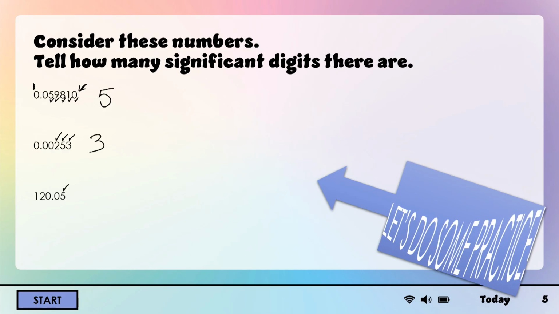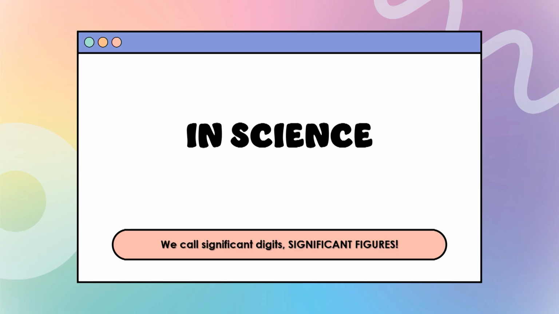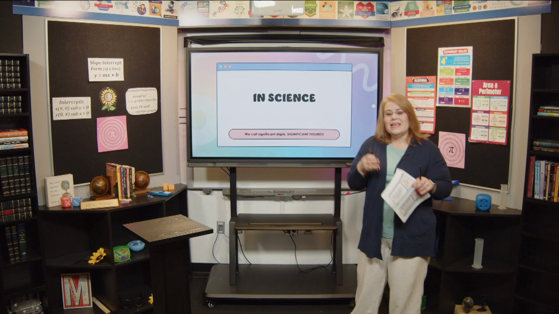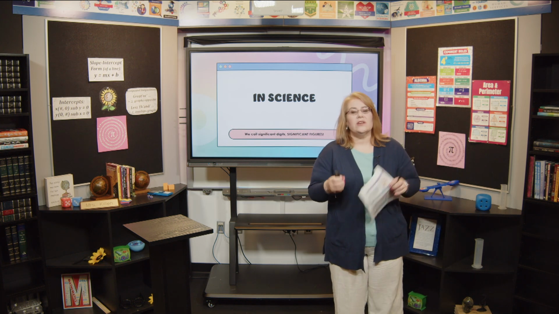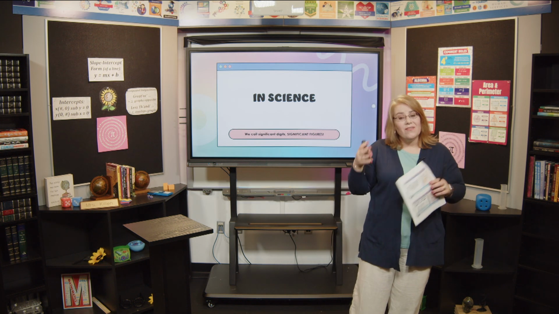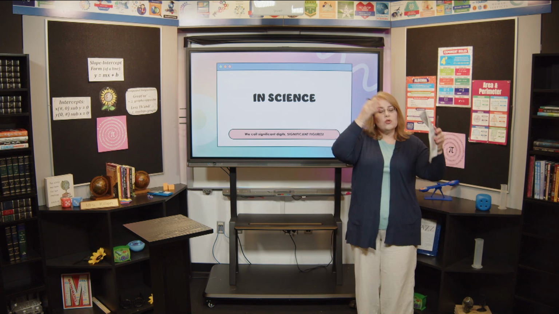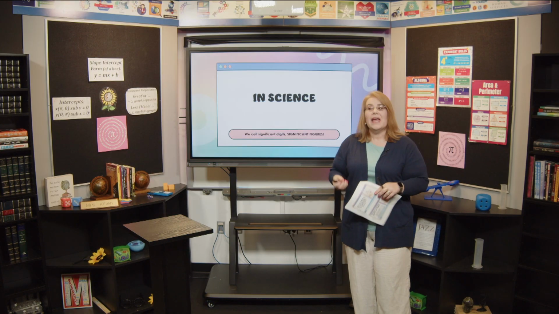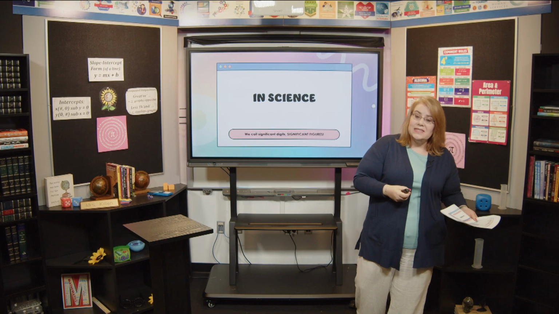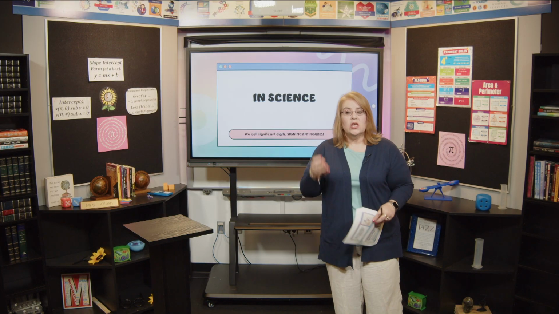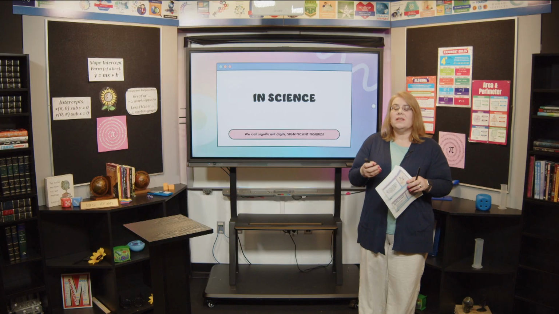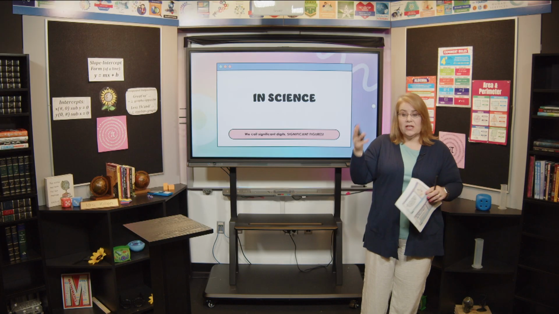So I have 1, 2, 3, 4, 5 significant digits. That's a tongue twister. Like I said, in science you're going to hear significant figures, sig figs, they're all the same. You want to make sure that you know the difference between leading and trailing zeros.